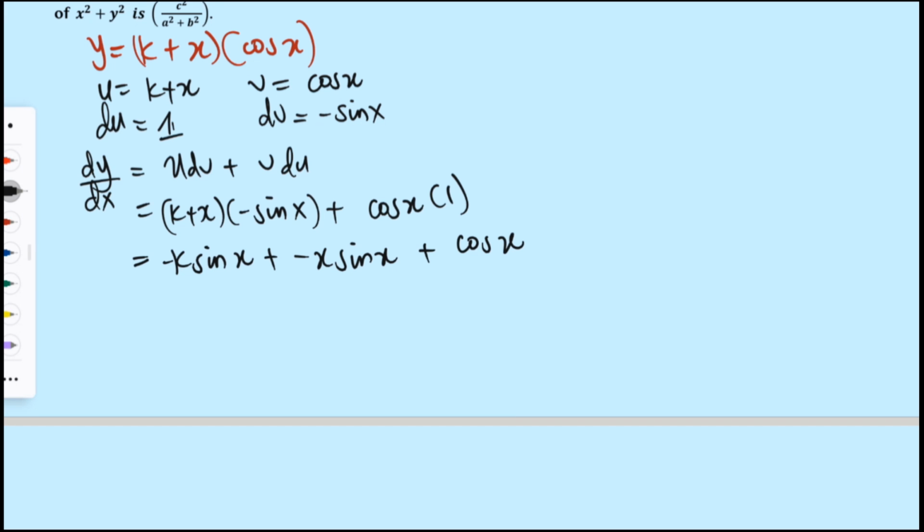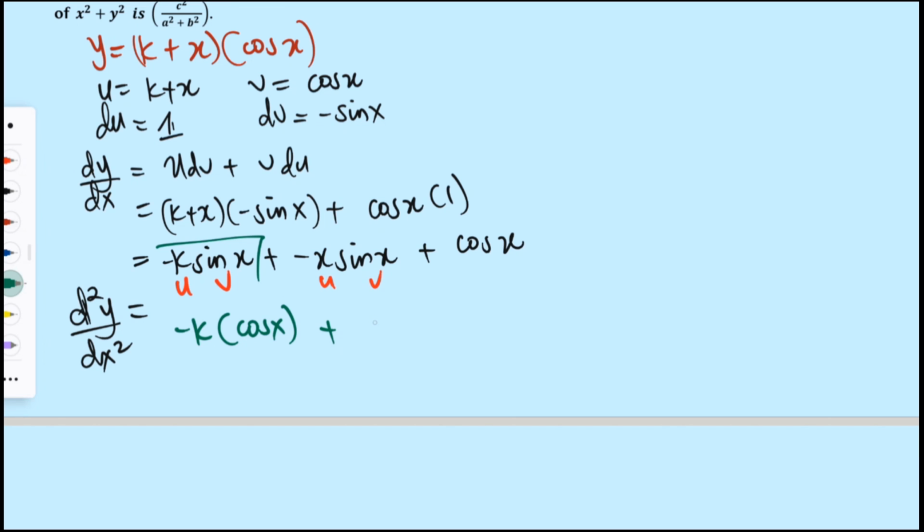Okay, let's differentiate this again one more time. I'm going to do it a bit faster so that we get d squared y over dx squared. For the first term, which I'm focusing on, I'm going to put that in green. We have u, keep the u constant, differentiate sine x, which gives us cos x, plus v, which is sine x, differentiate the negative k, it gives us 0, plus our next term.